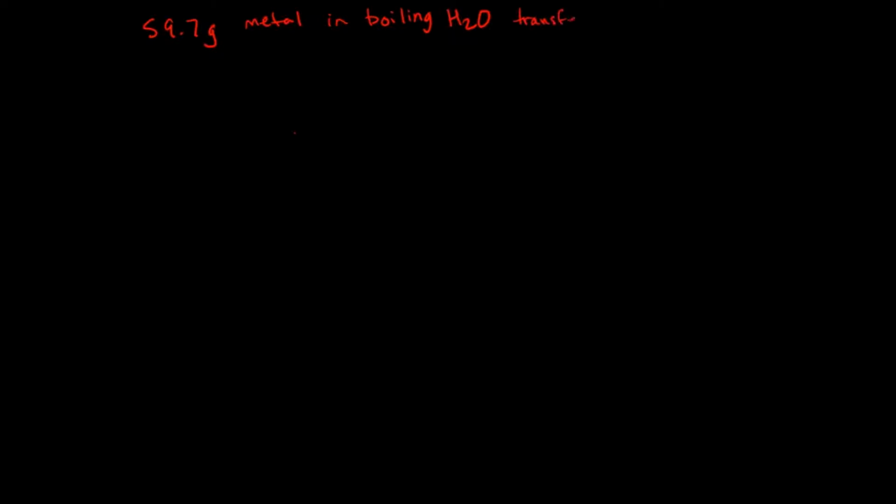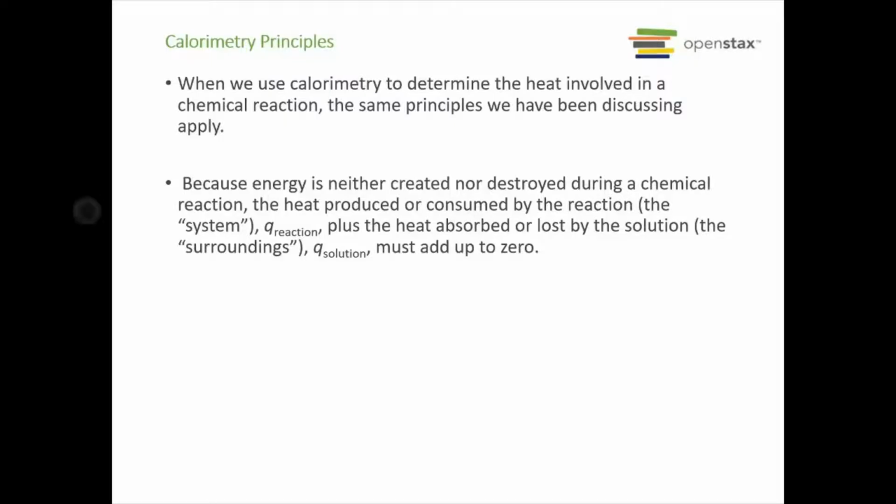So we're told we have a 59.7 gram piece of metal that we put in boiling water, and then it was transferred into 60 milliliters of, whoops, no, I hate when it does that. Okay, 59.7 gram metal in boiling water.